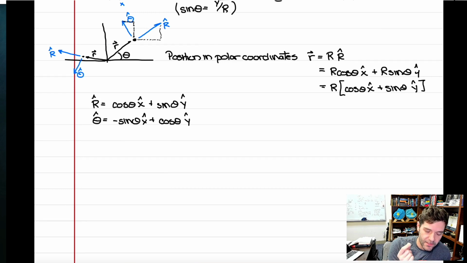So we have Cartesian versions of the two unit vectors we want to write down in polar coordinates, where everything is specified by r and theta. We ultimately want to also be able to use this in, say, a Newton's second law context, which means we should be able to write down velocities and accelerations in polar coordinates as well.